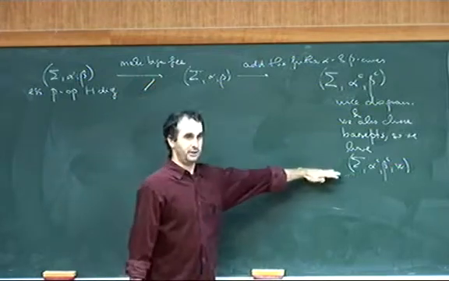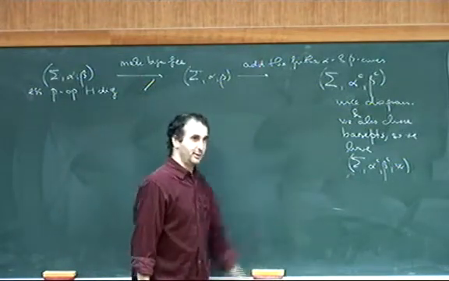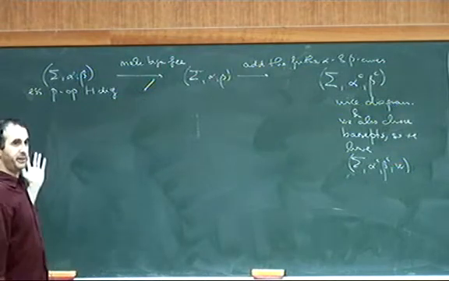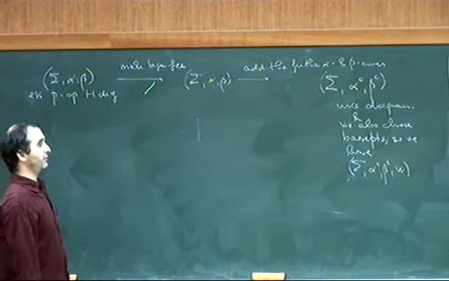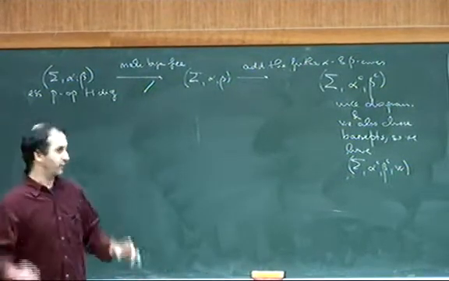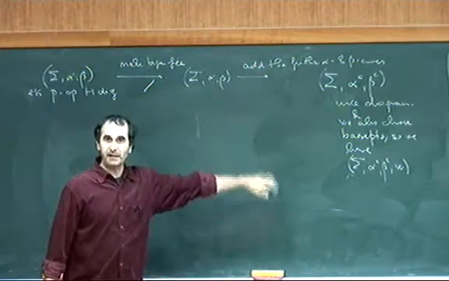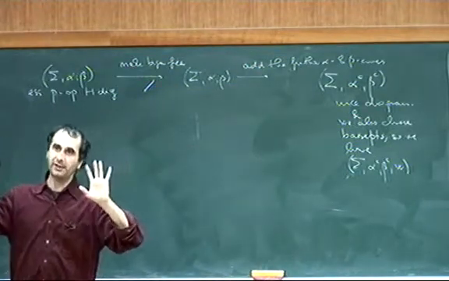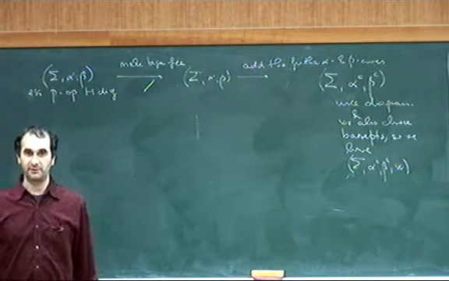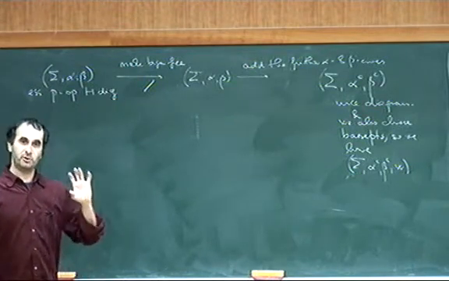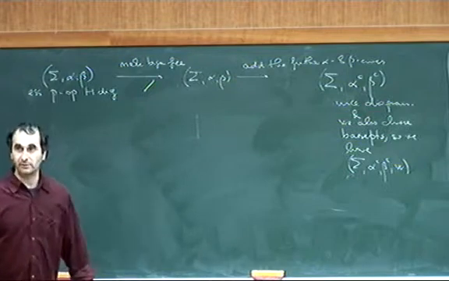But now I would like to show you what goes into proving the independence of choices. If we have two different choices in any of these steps, we should be able to connect the resulting chain complexes, and in order to do that, we should be able to connect the resulting diagrams.